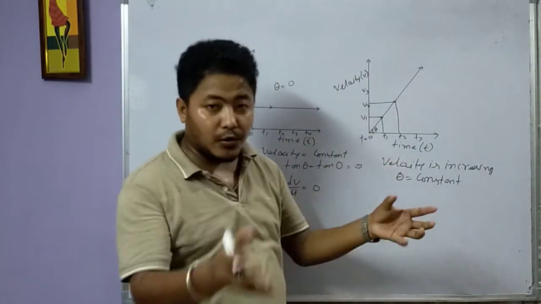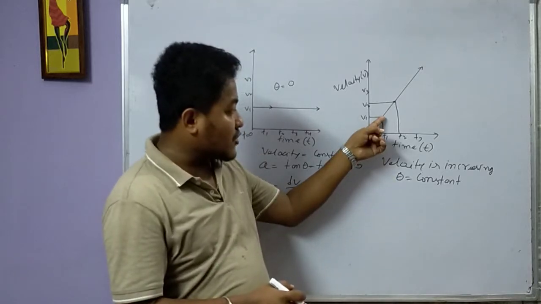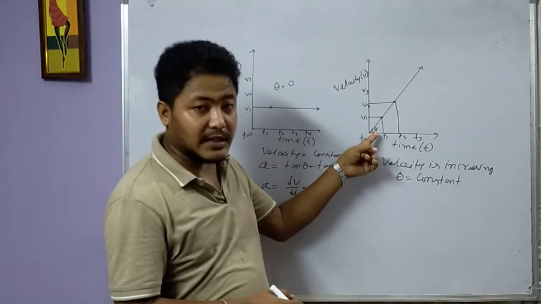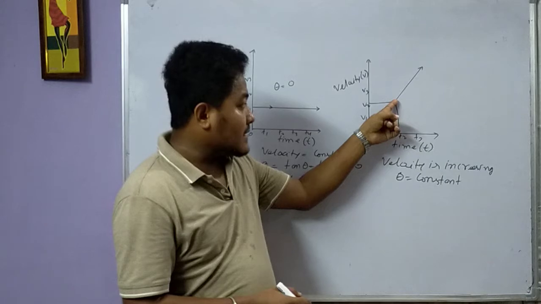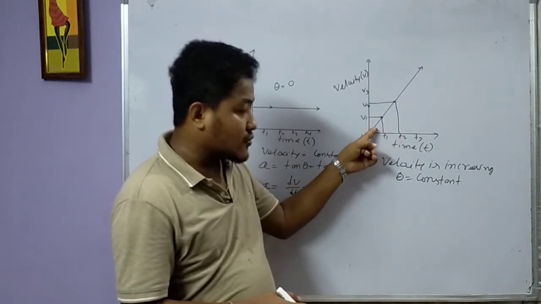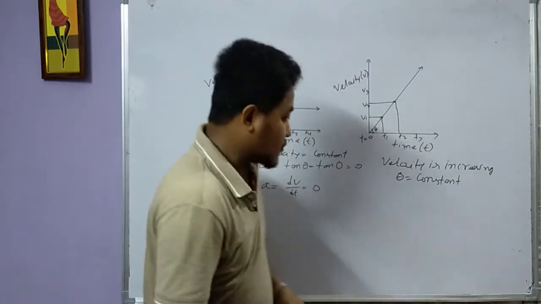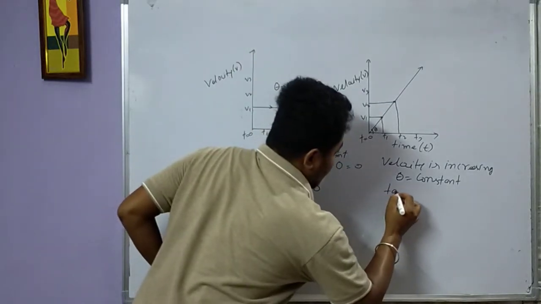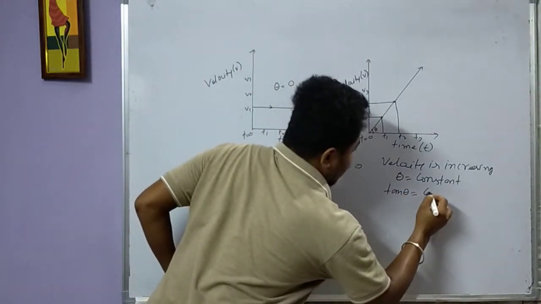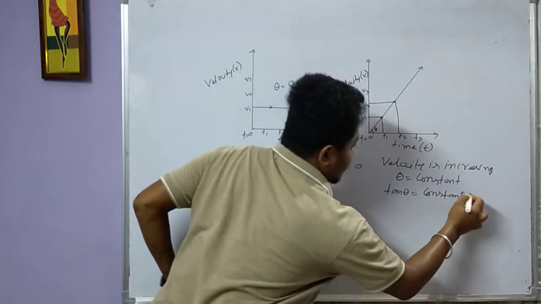Have you understood why theta is constant? Because I told you in the previous video that if you make a tangent here, the angle is going to be theta. If you make a tangent at this point, then also this angle is going to be theta. So that is how the angles are going to be constant. So I can write that tan theta is also constant.